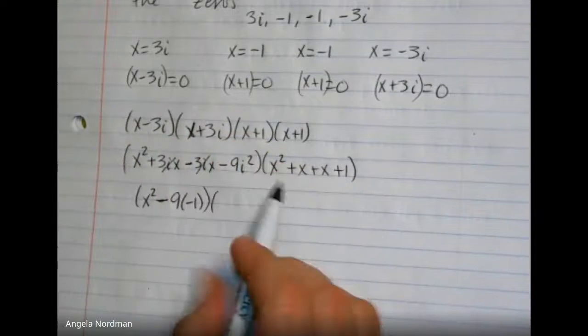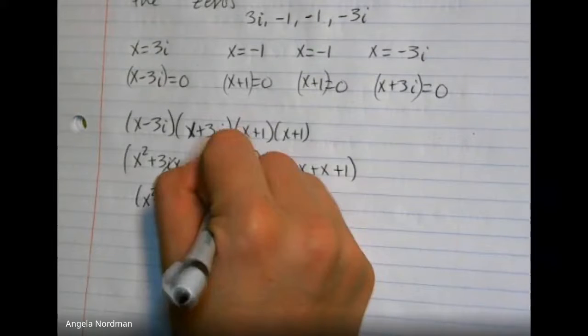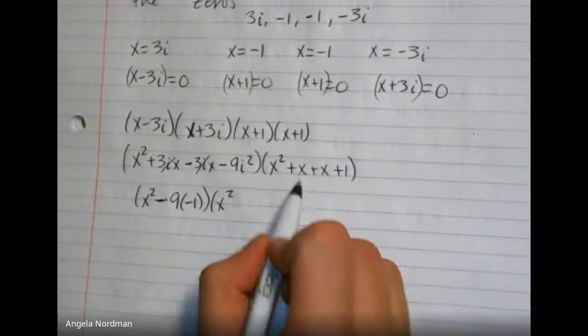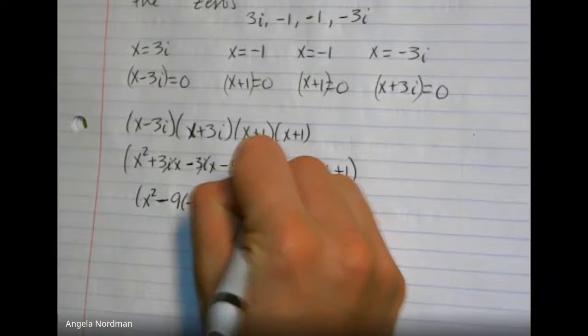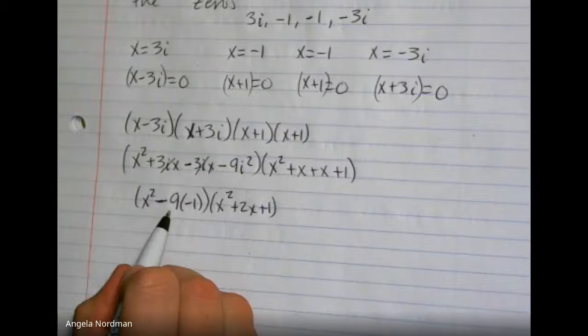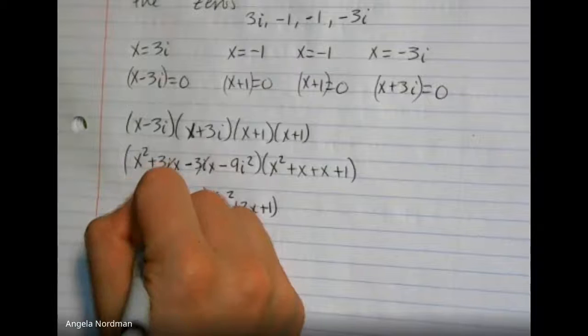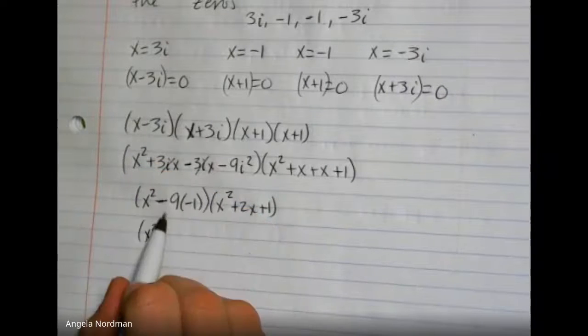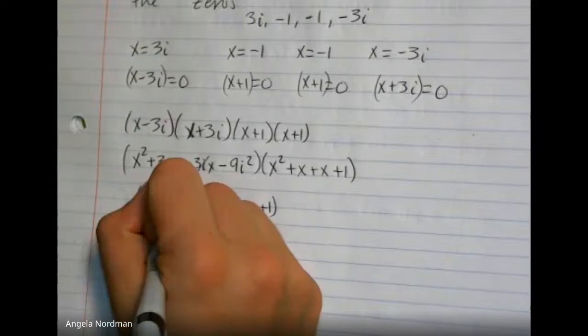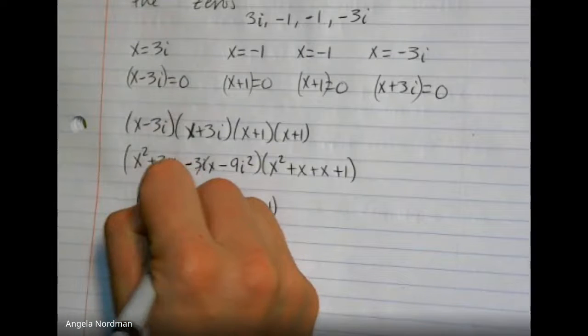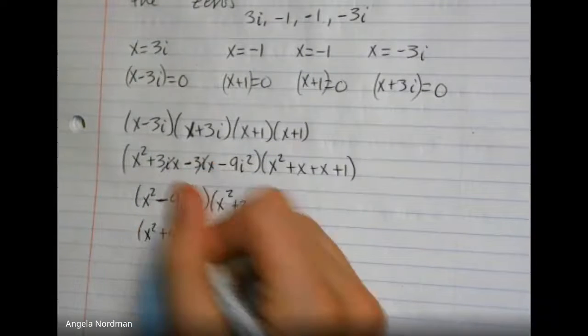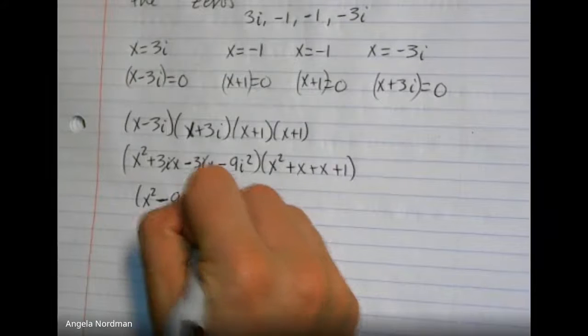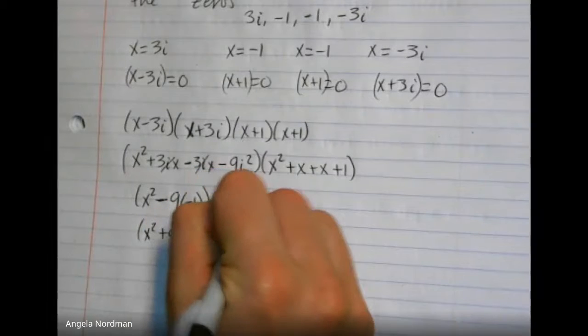So then on this side, x squared by itself. Then I have plus 2x plus 1. Again, x squared, negative 9 times negative 1 is positive 9, all multiplied by x squared plus 2x plus 1.